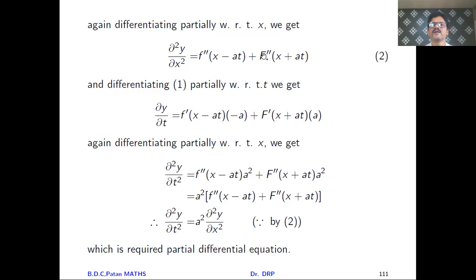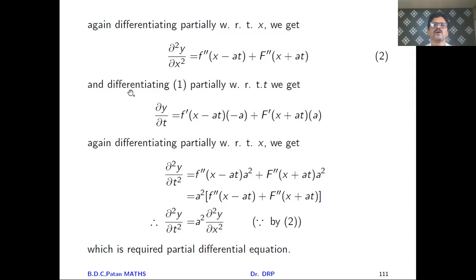You will get capital F double dash of x plus at into the derivative of x plus at with respect to x, which is 1. No need to write that there. It gives delta 2y by delta x square is equal to what? Small f double dash of x minus at plus capital F double dash of x plus at.